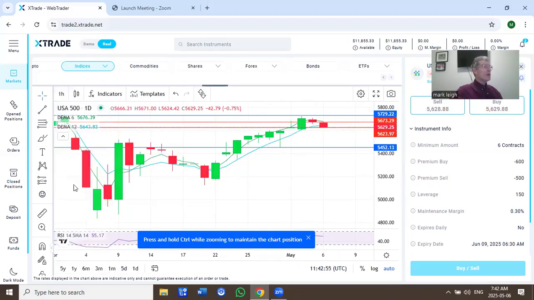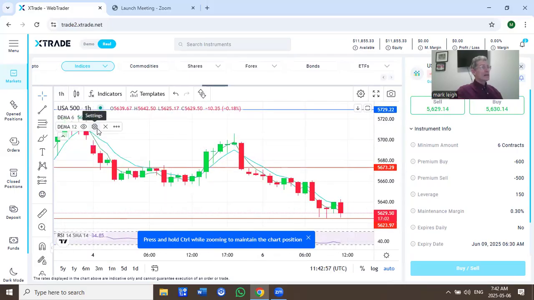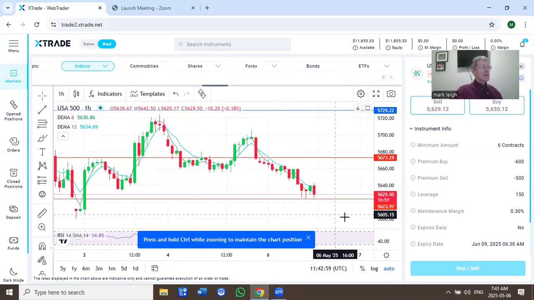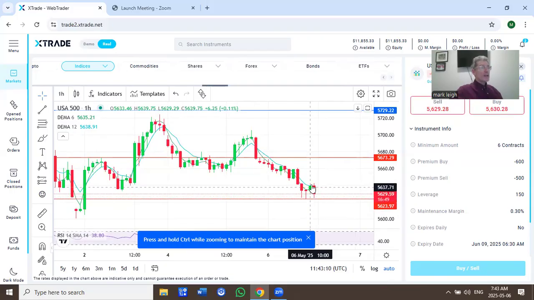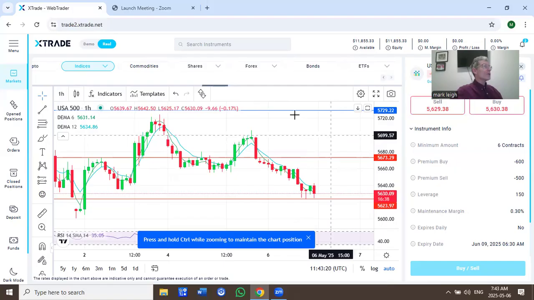If I look at the hourly, there you can see we're sitting testing this area right now before Wall Street opens up, the 5623. Buyers will want to test and break above this current area at 5,641 and get higher up to the 5,700 area. That's what buyers will be looking for.